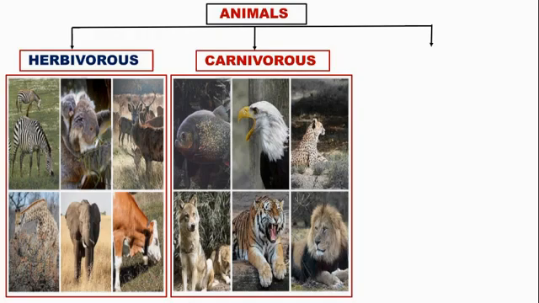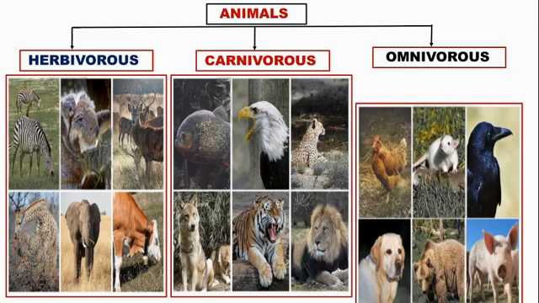These carnivorous animals eat only other animals. Such types of animals are called carnivorous. The next type of animal is omnivorous. Omnivorous animals eat both plant products and other animals. That type of animals are called omnivorous.